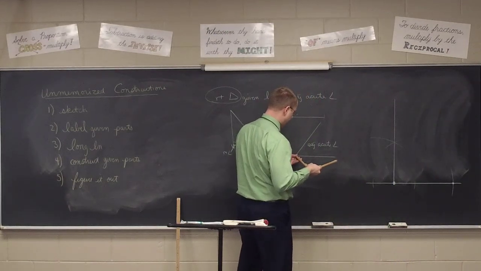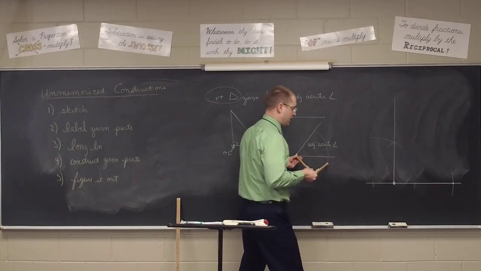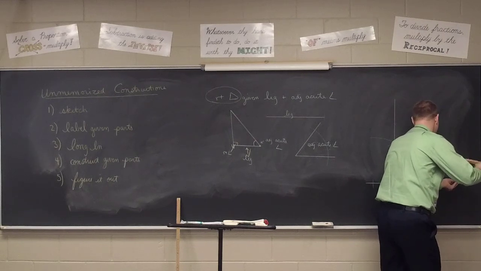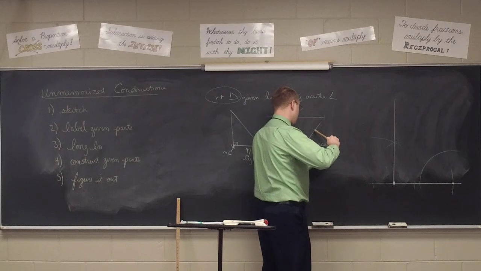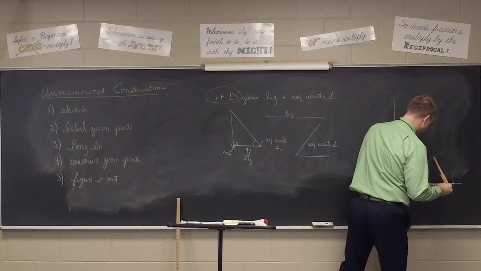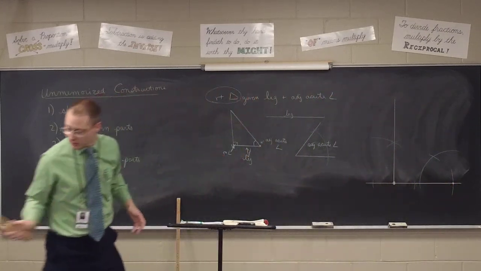Remember, that involves putting the point of the compass at the vertex and making an arc through both sides. Coming over here, making the other arc. Measure across the arc. Come over here. Measure across the arc.